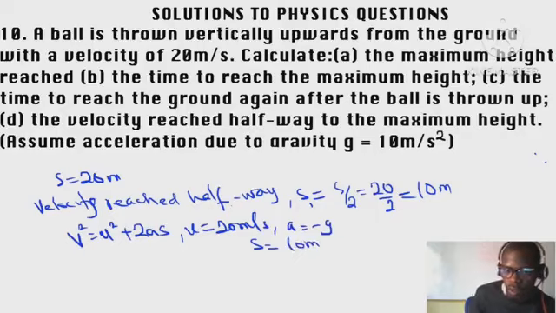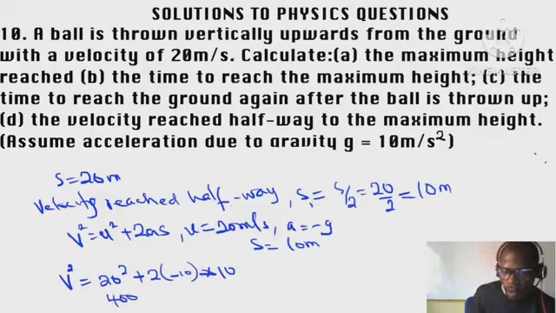So if we substitute that from here, we have v square equals u square, that's 20 square, plus 2 into bracket minus 10, then times 10. So here you are going to have 400, that's plus times minus is minus, 2 times 10, that's 20 times 10, that's 200.